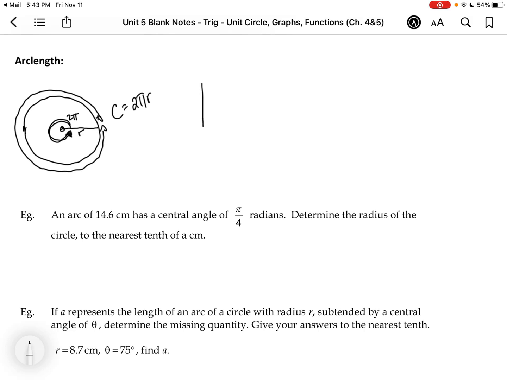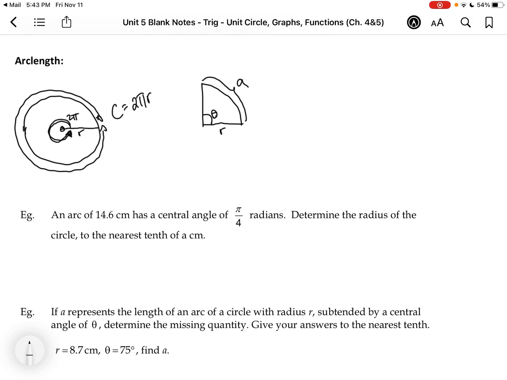Okay, now when I take a sector of a circle, this is my r, this is my theta, this here is the arc length. What we need to recognize is that there's a proportionality that is true in these two pictures.